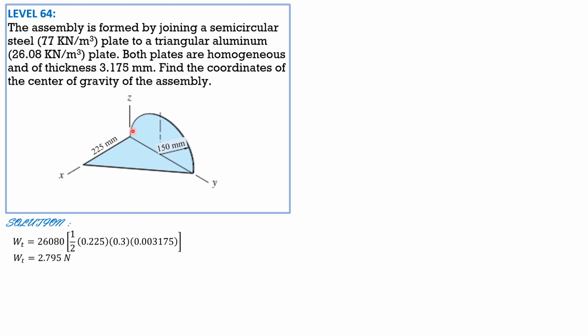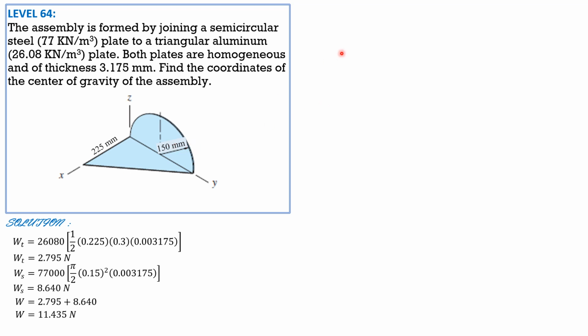The weight of the semicircular plate, which is made of steel, is 77,000 newtons per cubic meter times pi over 2 times 0.15 squared times 0.00375, the thickness. So the weight of the semicircular plate is 8.640. Therefore, the weight of the assembly is 2.795 plus 8.64, which is equal to 11.45 newtons.